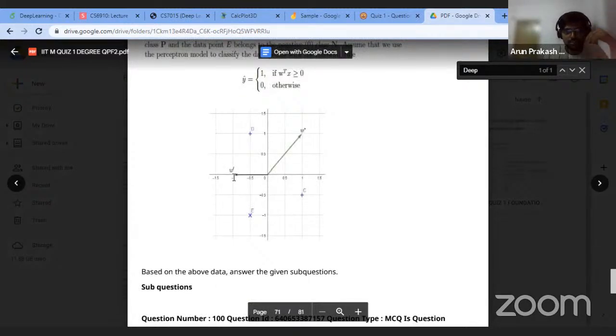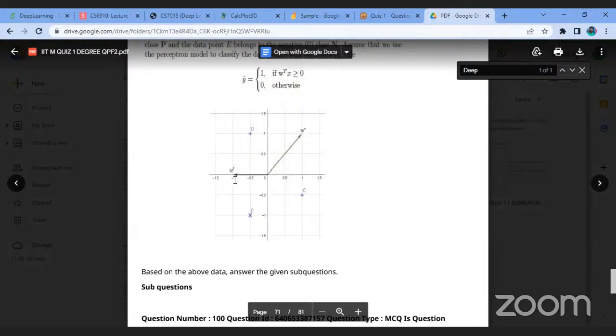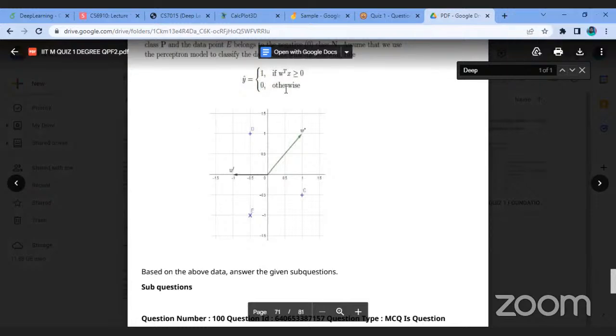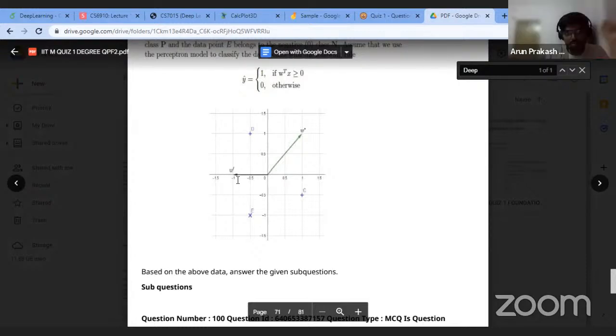I have given the details in the solution set. I think I probably released that, but for the time being I'm just telling you. The condition is: if W transpose X is greater than or equal to 0, then we set it as 1, 0 otherwise. My current WT is minus 1 comma 0, and point D is residing at minus 0.5 comma 1.